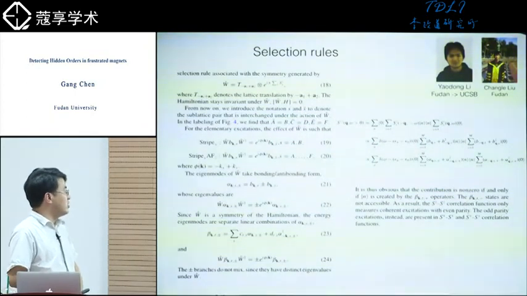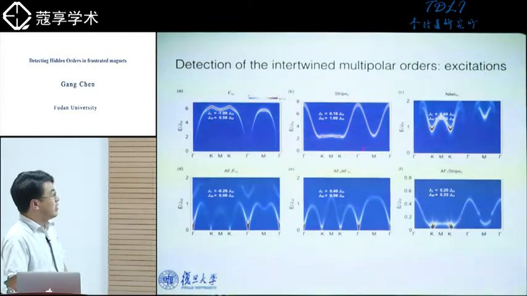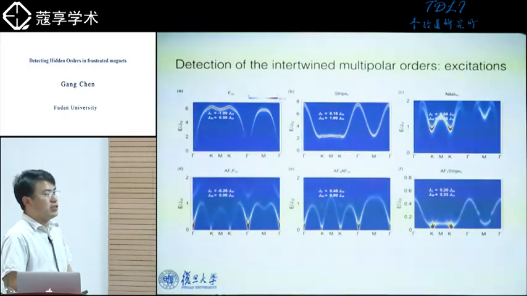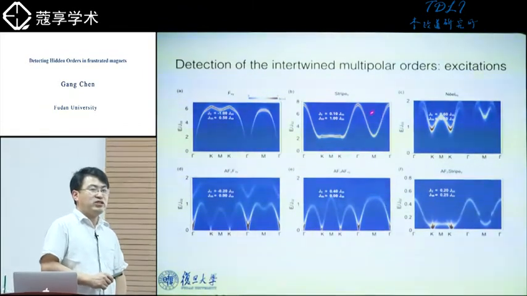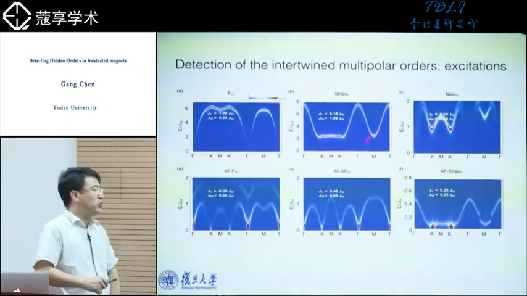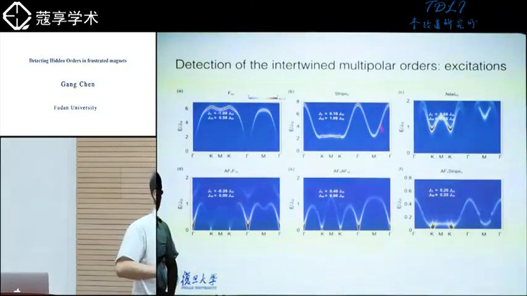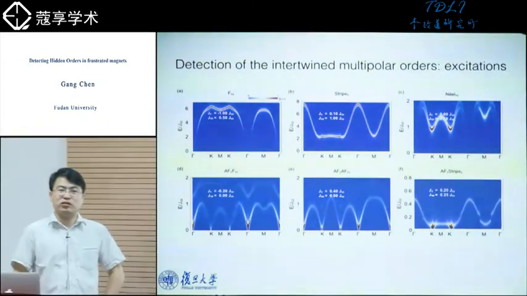For instance, for the stripe Y, the system has two sublattices. In principle, you should see two branches of modes. But here you only see one because the stripe order already has a residual symmetry. And this residual symmetry will pick up one branch of the mode.